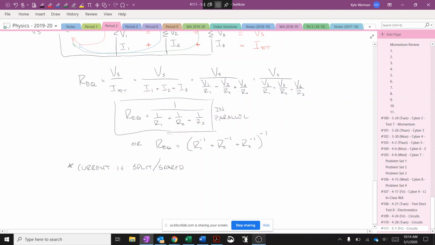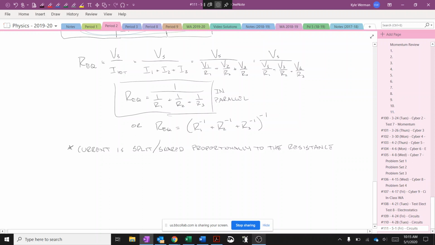More cars will be able to get through, right? So it's shared proportionally to the amount of resistance. More resistance means less flow will go through that pathway, right? More cars will go through that easy pass lane than through that gated lane, right?